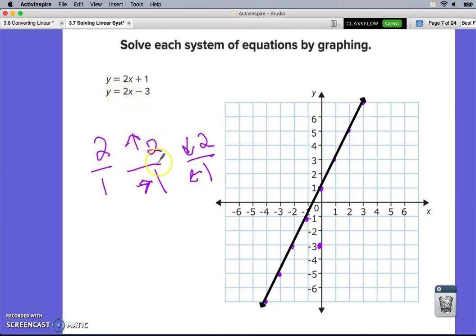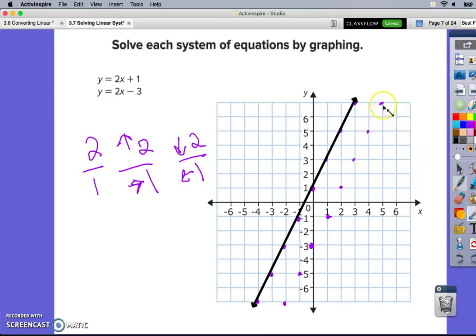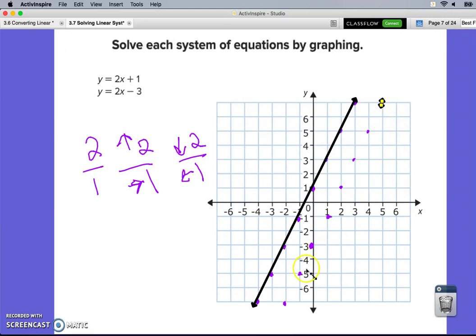It's positive, so it goes up 2 to the right 1, up 2 to the right 1, up 2 to the right 1. If you look, each point is just a little over from the other point. Again, I can create my line with my straight edge.